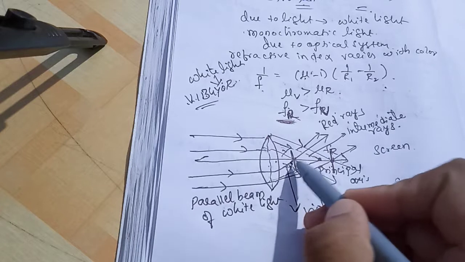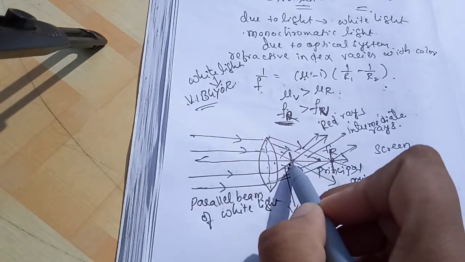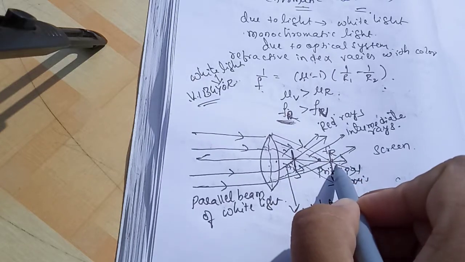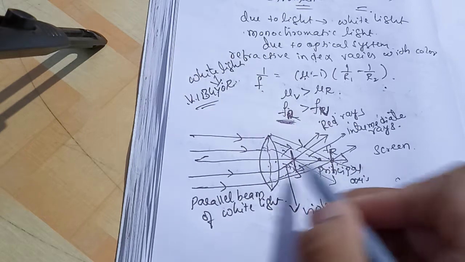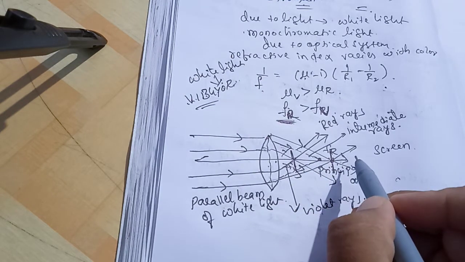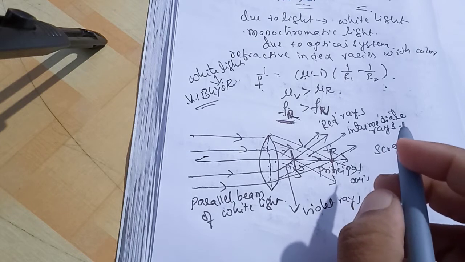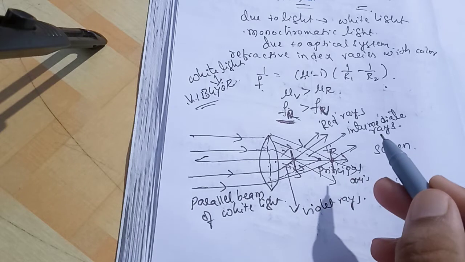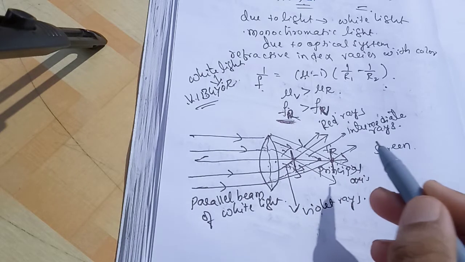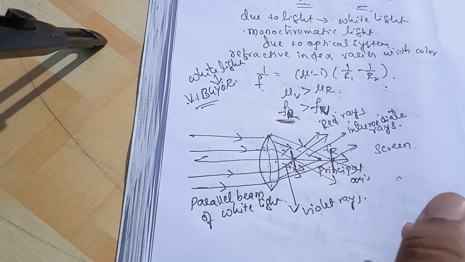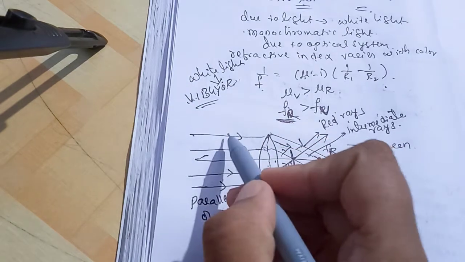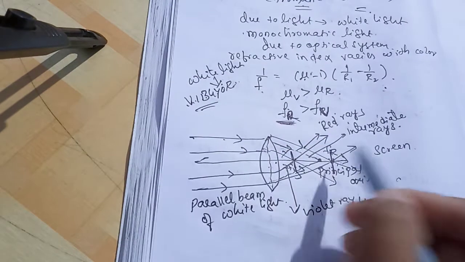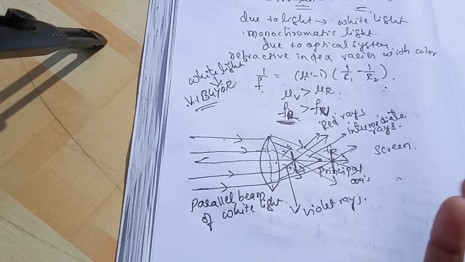Now just move this screen in between FV and FR. So now you will see the image is blurred and not perfect. Actually we are using white light, so the image must be white only, no? But instead of white, what did you get?